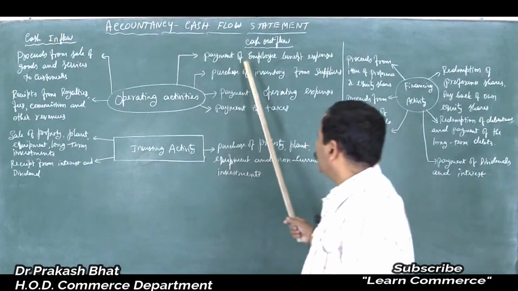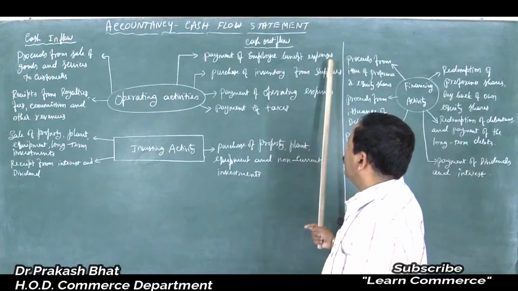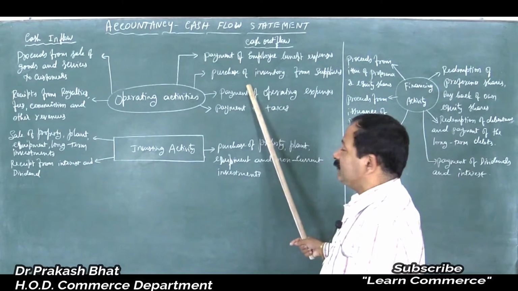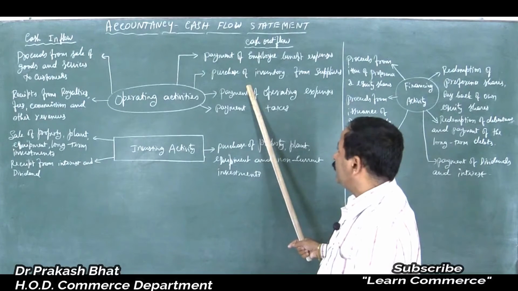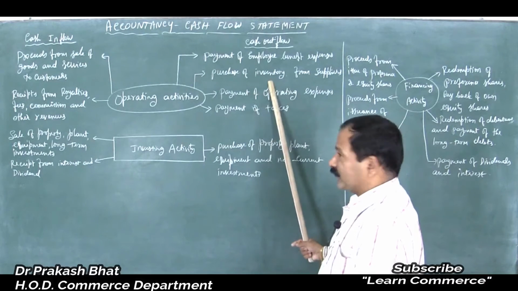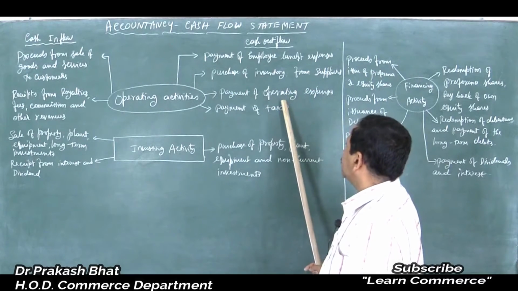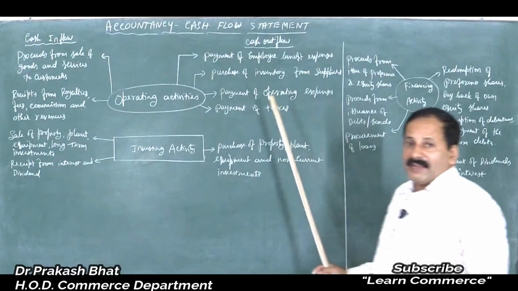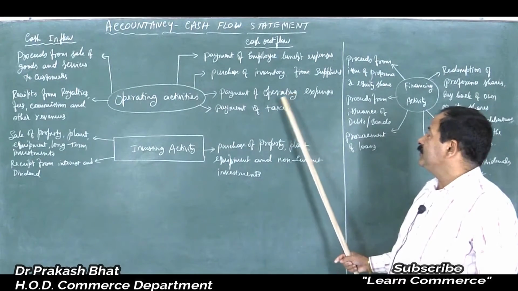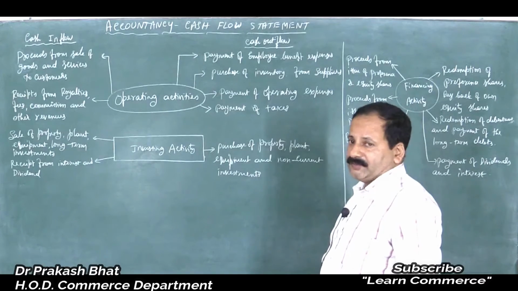Then the outflows from operating activities: payment of employee benefit expenses, that is salary, wages and other benefits to the employees. Purchase of inventory from suppliers for production. Payment of operating expenses, that is selling, distribution and administrative expenses. Then payment of taxes to the government.